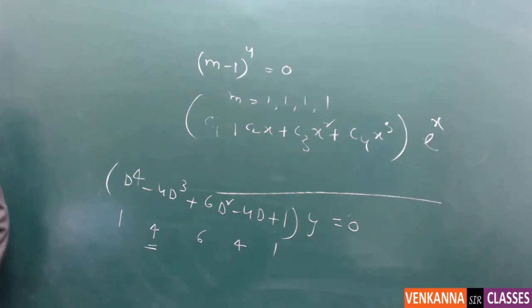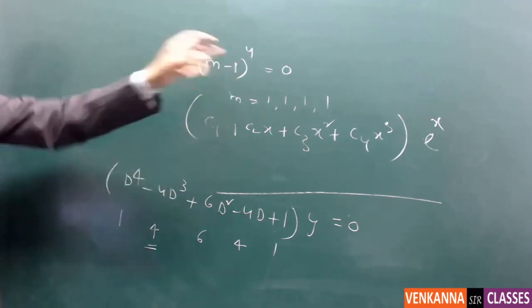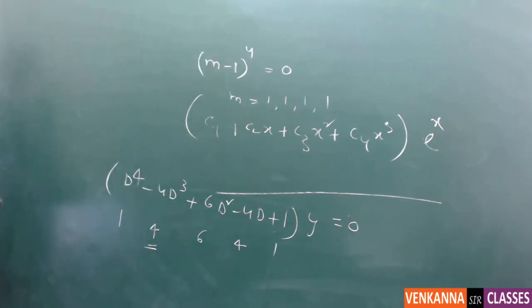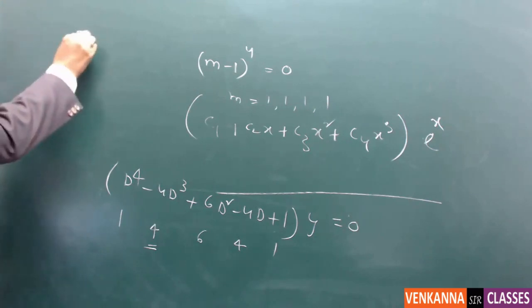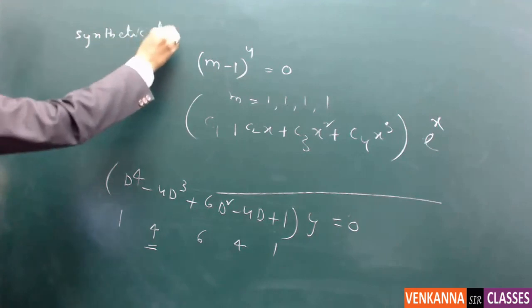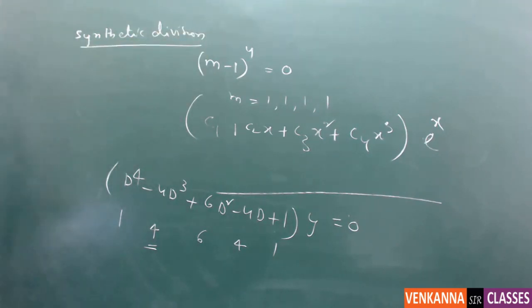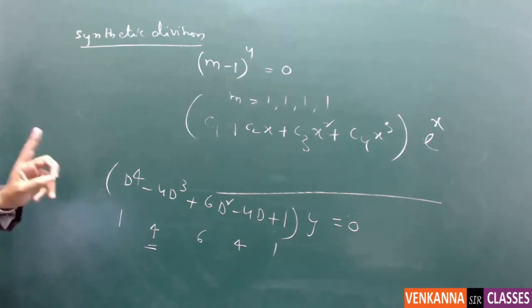You can have the other method too. If you don't know that it will come under the category of (m minus 1) whole power 4, we know the division method, we call it the synthetic division method. It's nothing but at least we should know one root of the given equation.